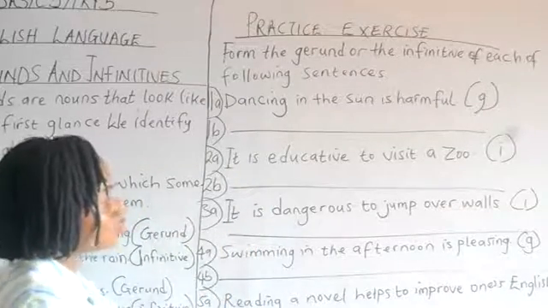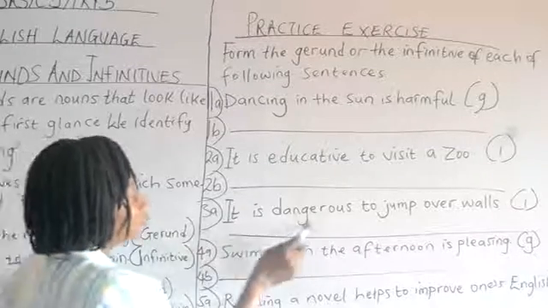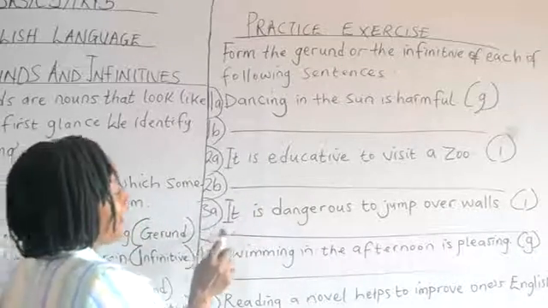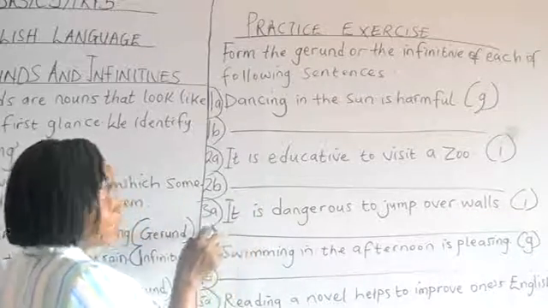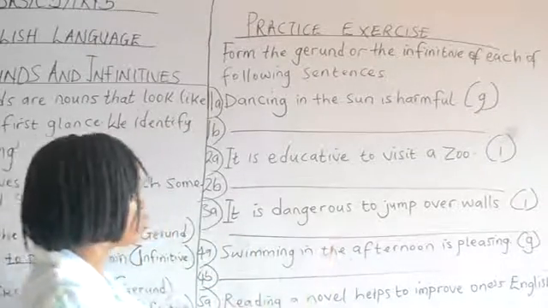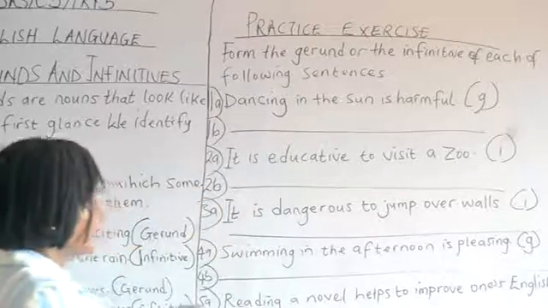It is dangerous to jump over walls. There is no ing word at the initial position. That means this is an infinitive. So you are to write your own gerund sentence.